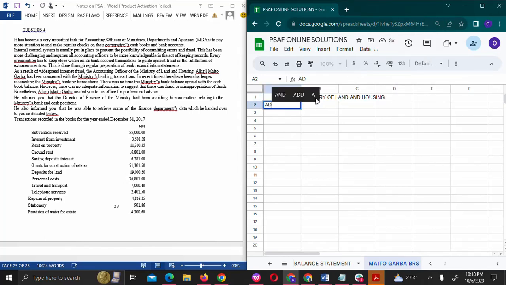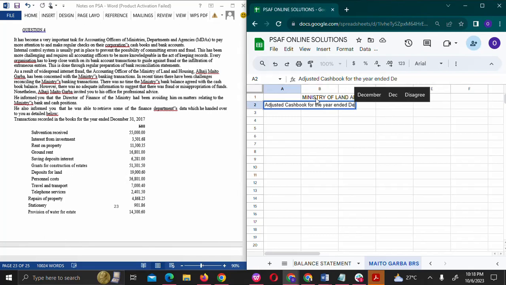So adjusted cash book for the year ended December 31st, 2017.